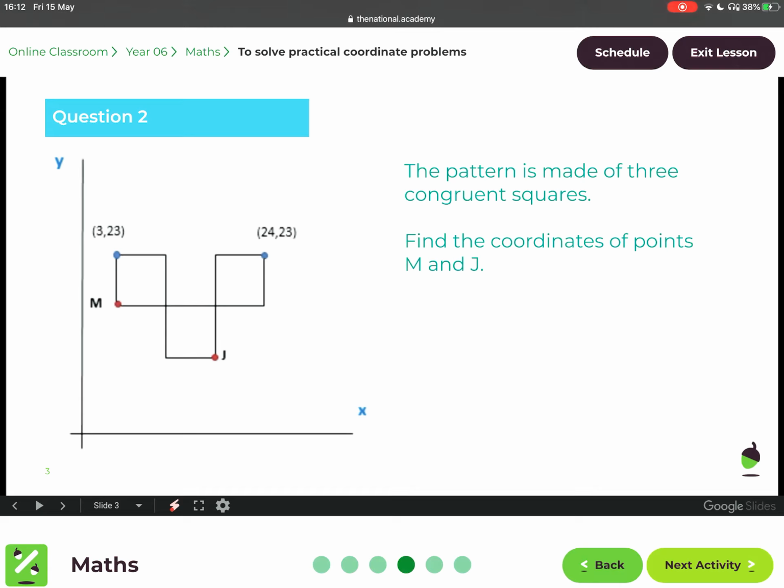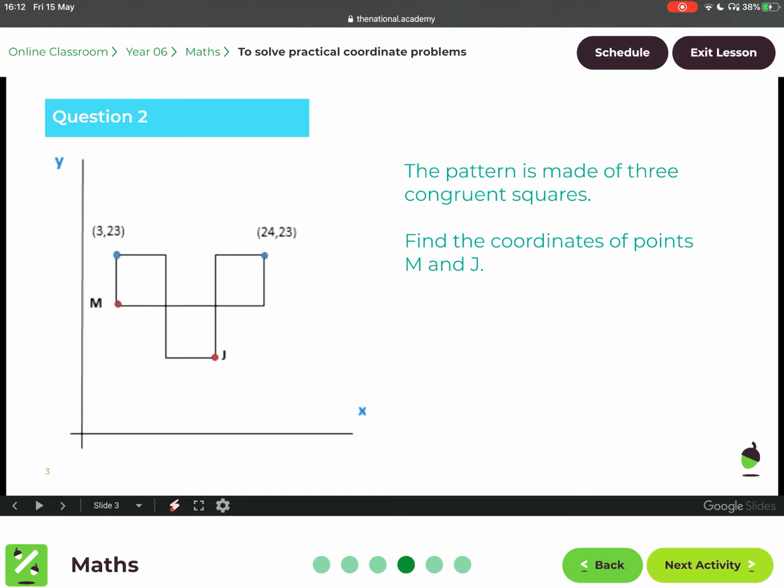So there's 21 along here, along the top. That means each side is 7. I'm going to do this. 23 take away 7 is 16.